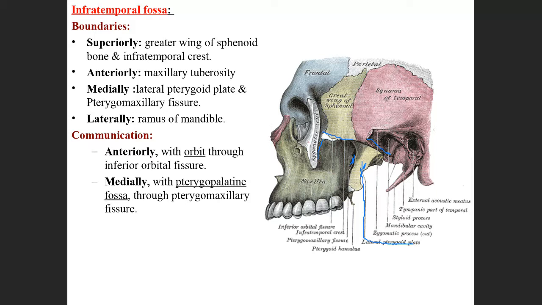When the mandible is there, you should remember the ramus of the mandible is on the infratemporal fossa. So where is it communicating or connecting? Anteriorly, it connects with the orbit here. There you have a connection. And medially, the pterygopalatine fossa, this area.